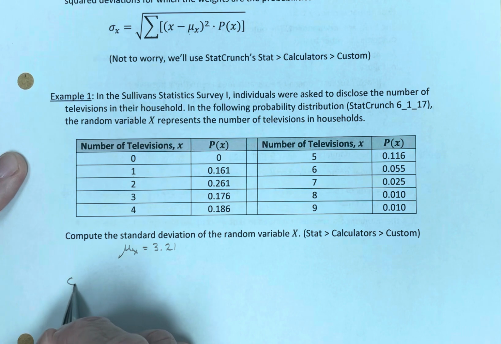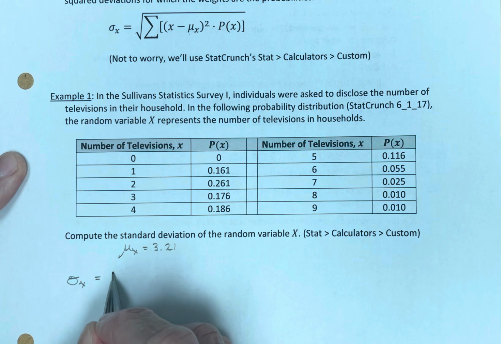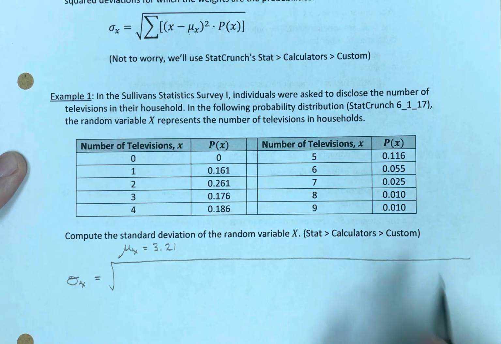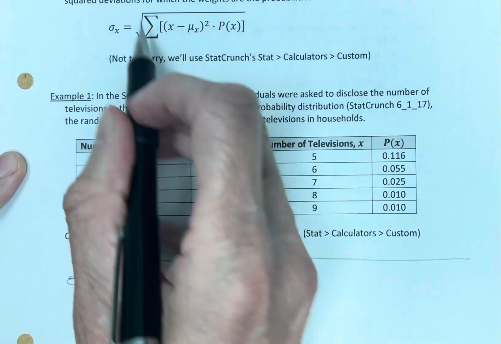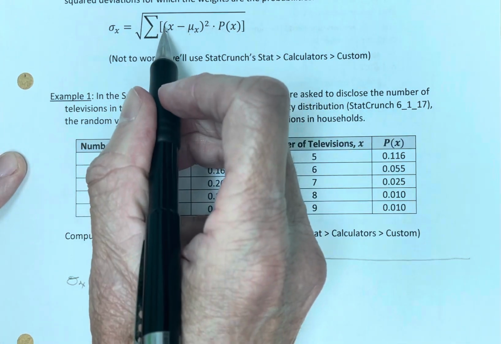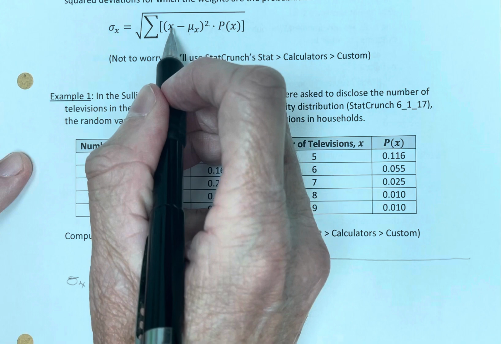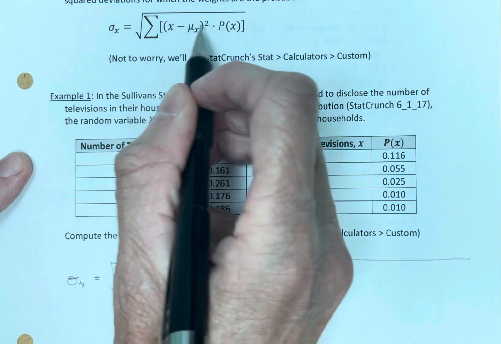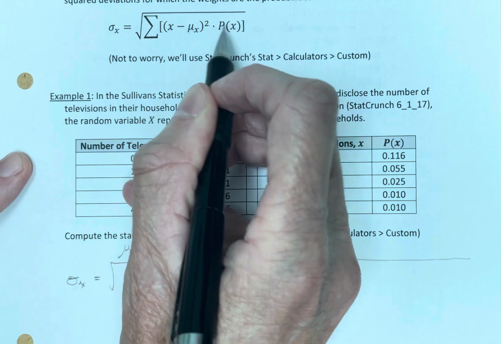So the standard deviation is equal to the square root of all this stuff; we're going to add up a bunch of things. The first thing we do is subtract the mean from our first value, 0 minus the mean. We square that and multiply it by the probability.